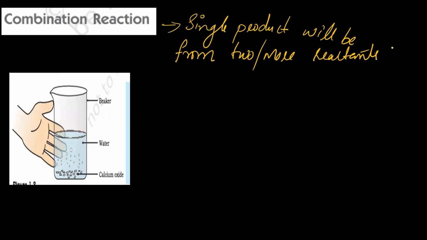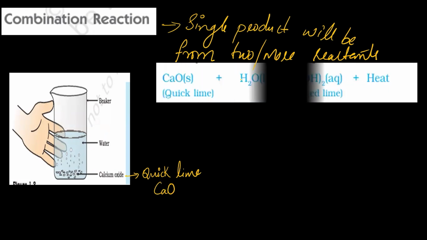This picture is clearly depicted in your textbook. You can see a beaker there, and what is inside the beaker? Water is there and calcium oxide is there. So we are going to mix water and calcium oxide, and you must know calcium oxide is also called quicklime. And what is happening during the reaction? Calcium oxide reacts with the water, forming calcium hydroxide, Ca(OH)2.